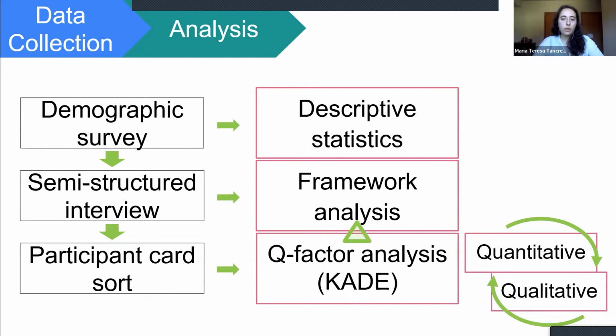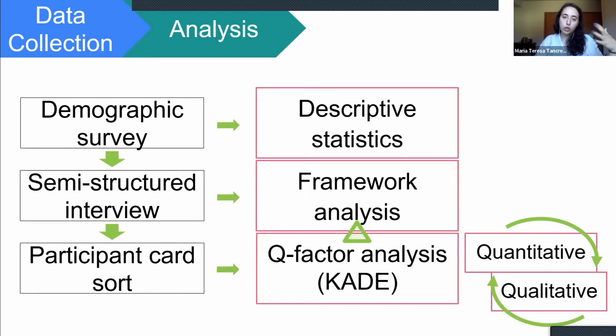The factor analysis basically is that step that allows us to go from all of the different card sorts to a few detailed perspectives, like shared viewpoints of what farmers are thinking on cover crops. And the reason why there's a little triangle here is because the framework analysis will also allow us to do what is called triangulation in qualitative research.